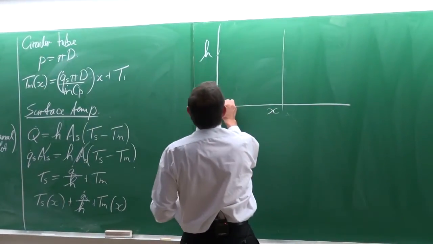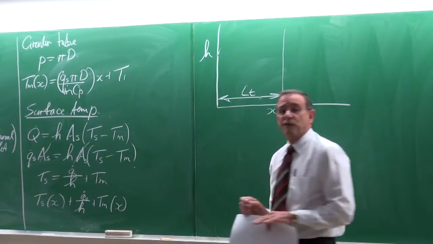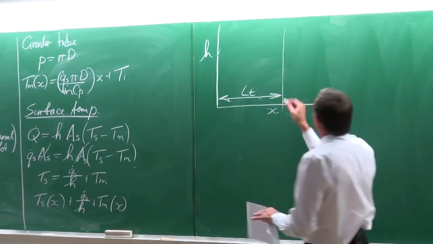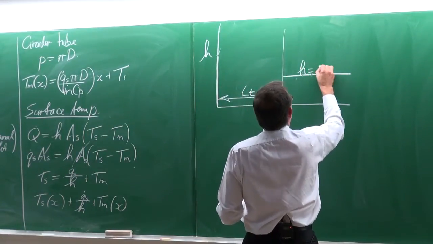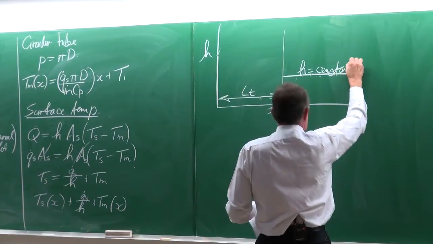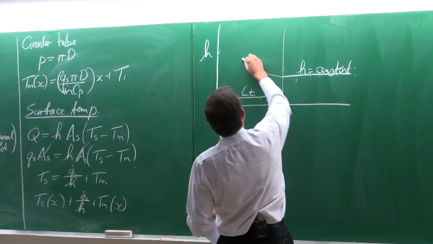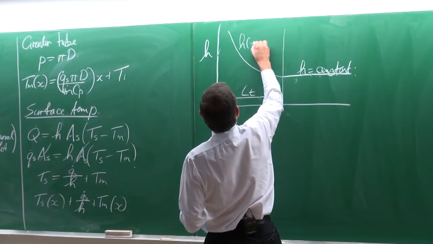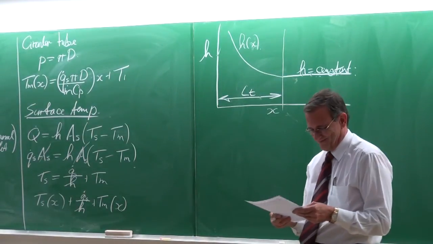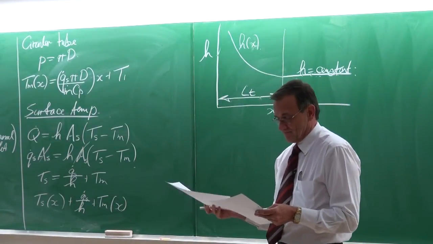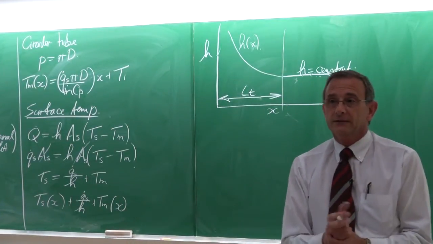It's going to take a certain length, Lt, before the flow is fully developed, and the heat transfer coefficient will be a constant. However, before that, the heat transfer coefficient is going to be a function of x. It's not going to be constant. Do you agree with that?